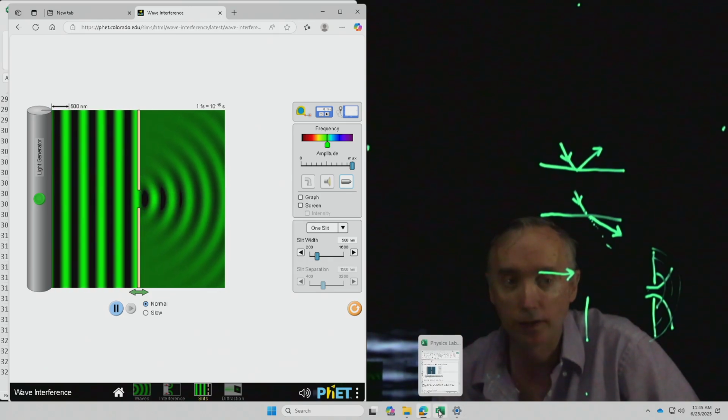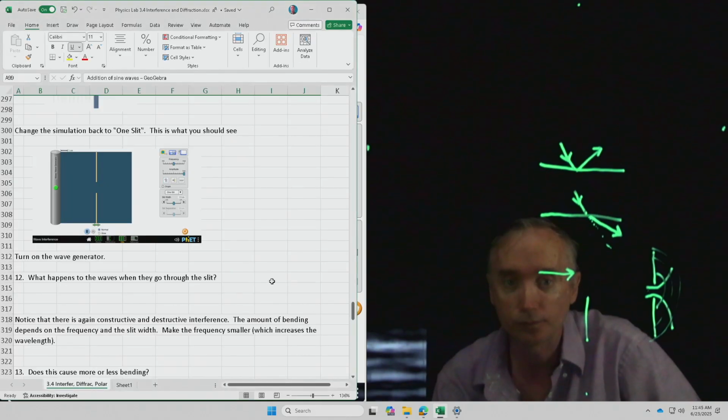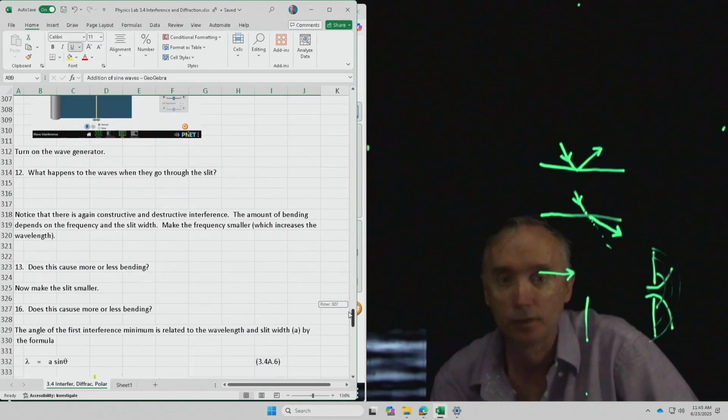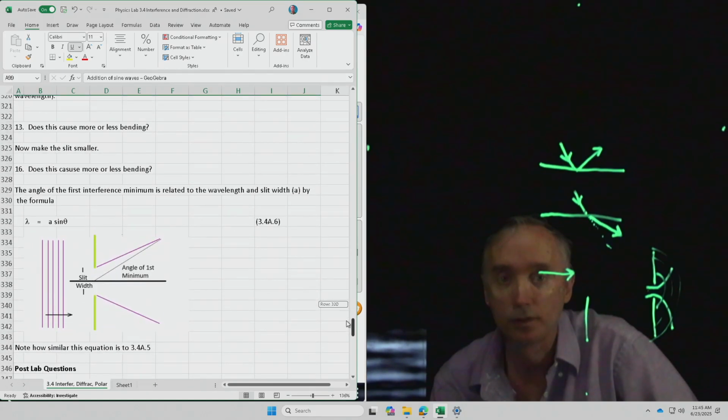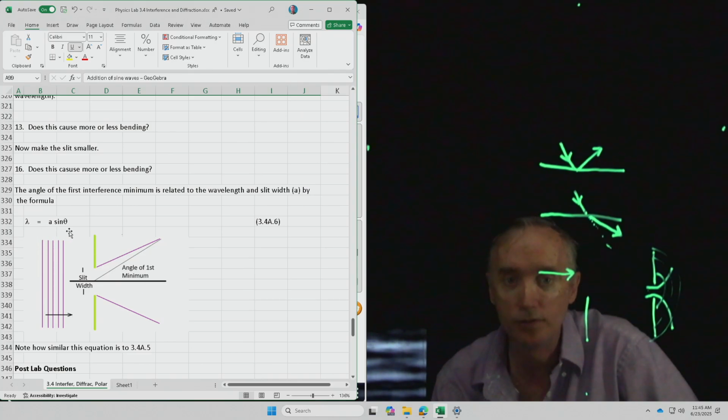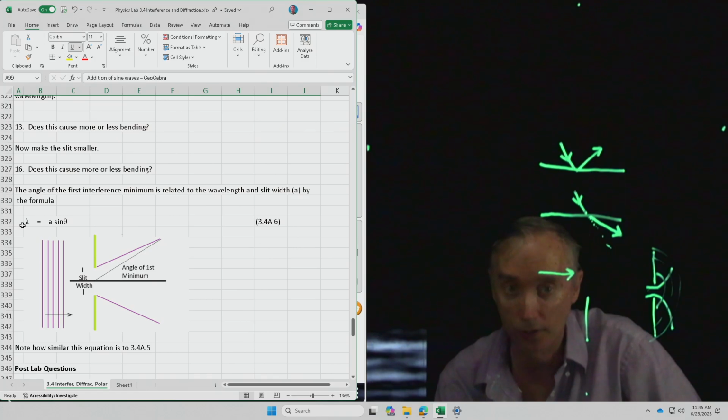Now, let's go back to the lab here. I'm going to let you answer these questions here, and now we're going to go down to this. This is the equation that is going to tell you where the first destructive interference is going to occur. Does that look familiar?